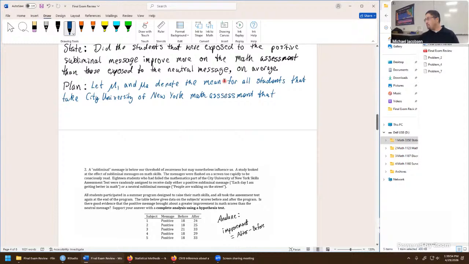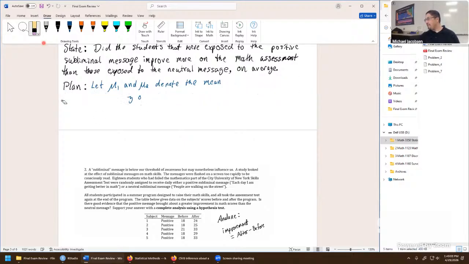And I forgot one word there. Oh, darn it. I don't think I can squeeze it in. Let me make sure that this is in, because this is something that I do look for, that I've taken off points before. It's an easy mistake to make, but when you say the mean, you have to say the mean of what? Much like when you're talking about proportions and its successes, failures, you have to say what the successes are.